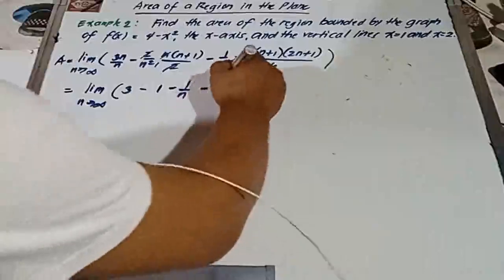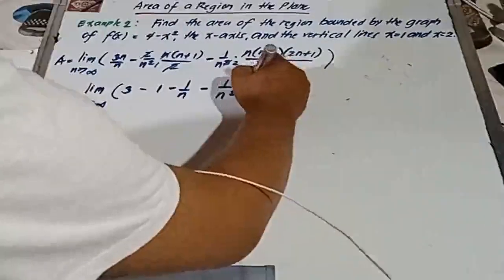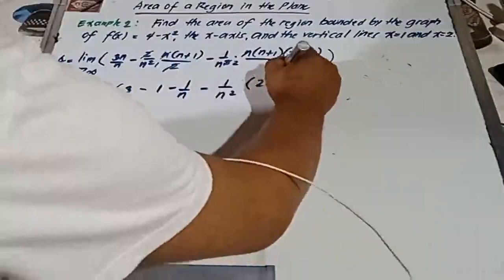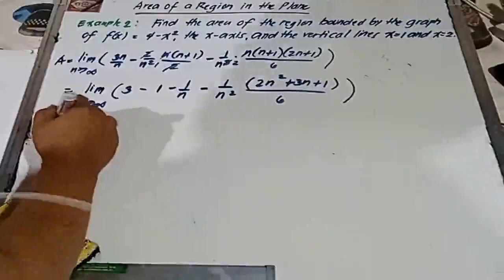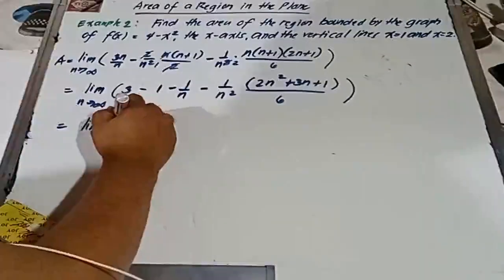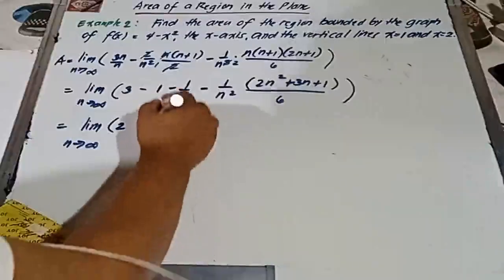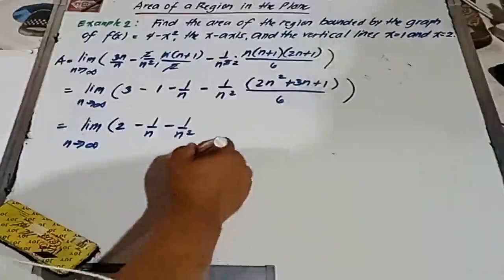So may matitira dito 1 over n squared times this is 2n squared plus 3n plus 1 over 6. Okay. And then limit 3 minus 1 is 2, n approaches infinity.